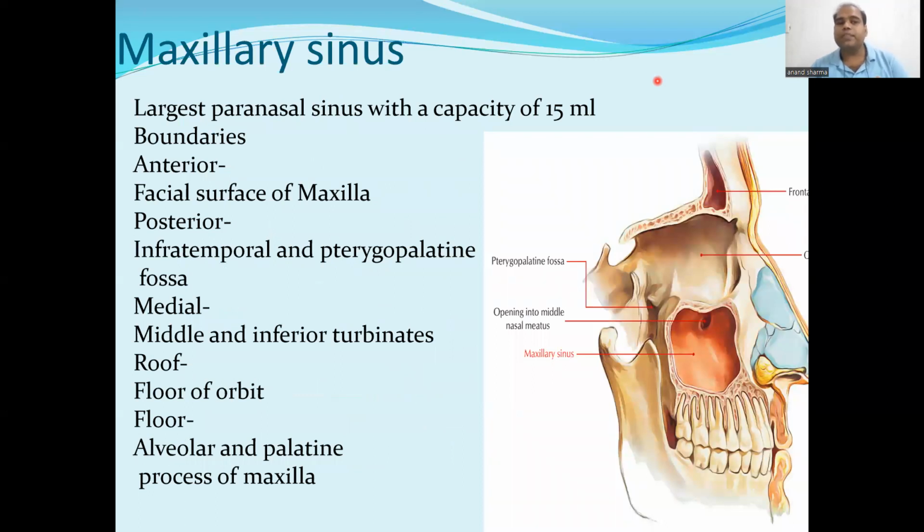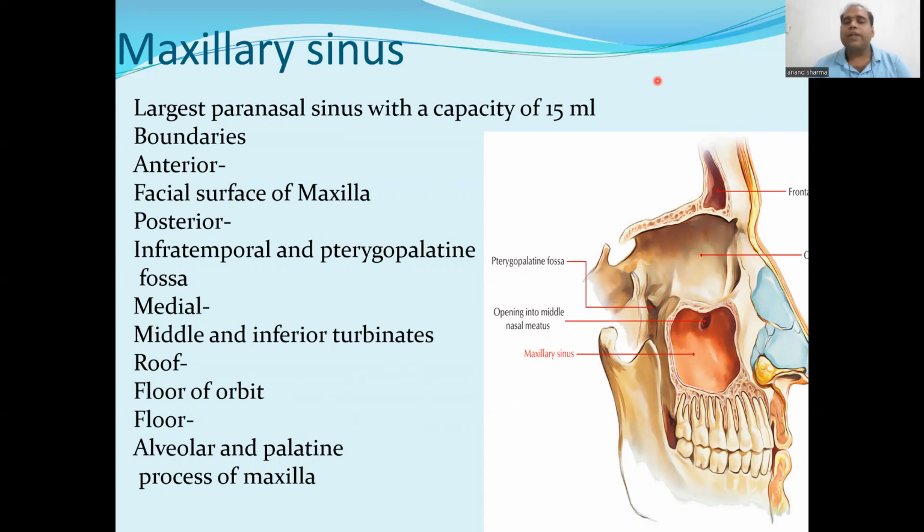Now we will discuss the maxillary sinus. It is also known as the antrum of Highmore. It is the largest paranasal sinus with a capacity of 15 milliliters. It is found in the maxillary bone. Anteriorly is the facial surface of the maxilla.